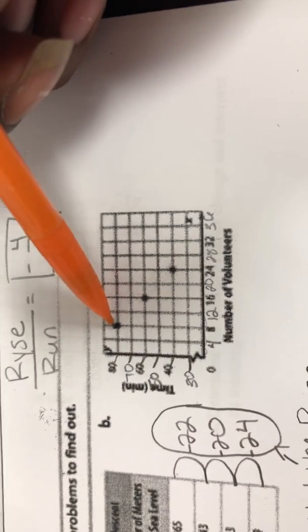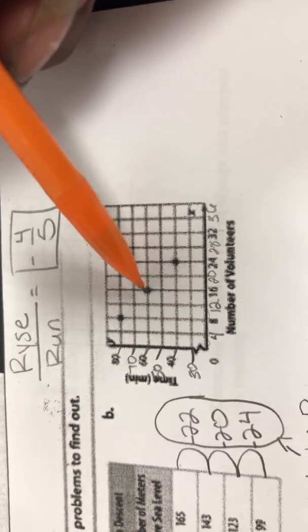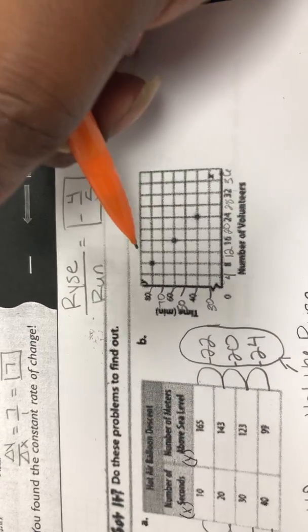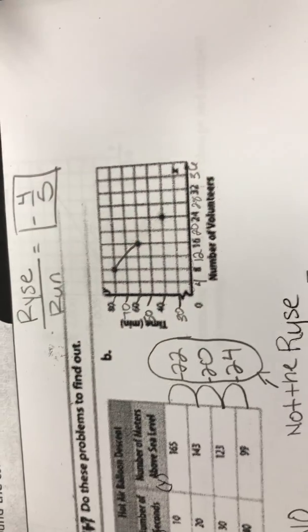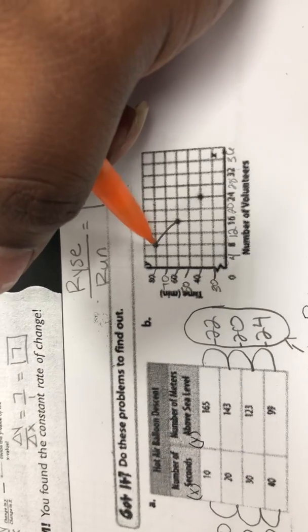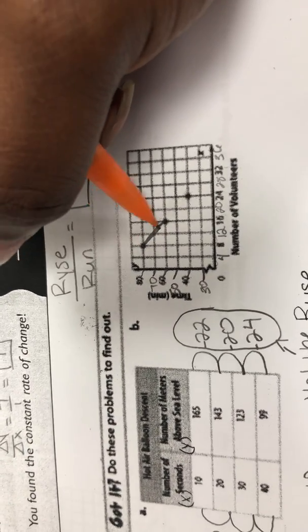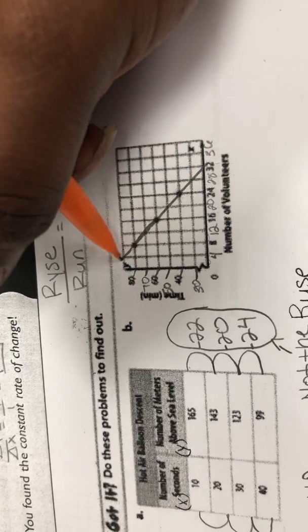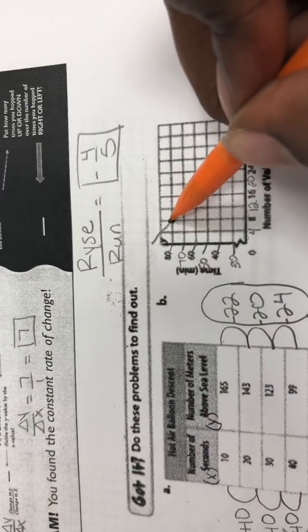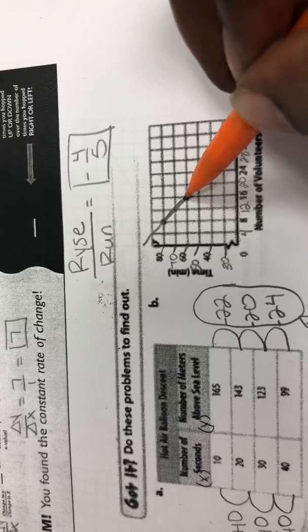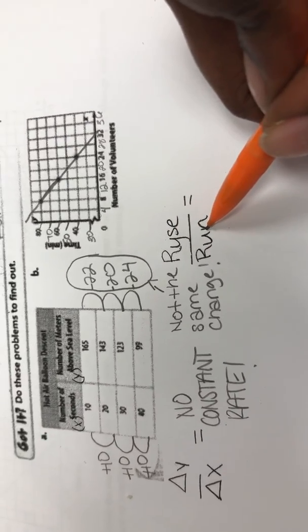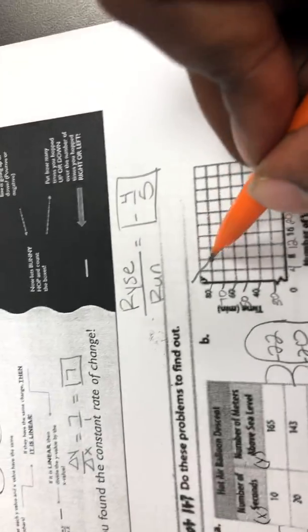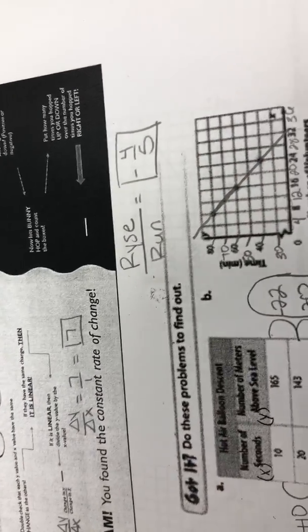I'm going to pick this one right here up at the top and this one right here in the middle. All right, so if I'm trying to go from here to here, and why not, let's draw this whole line out. Okay, so if I'm going from this dot to this dot, and I have to rise with my Y on top and run with my X on bottom, then let's do the rise first.